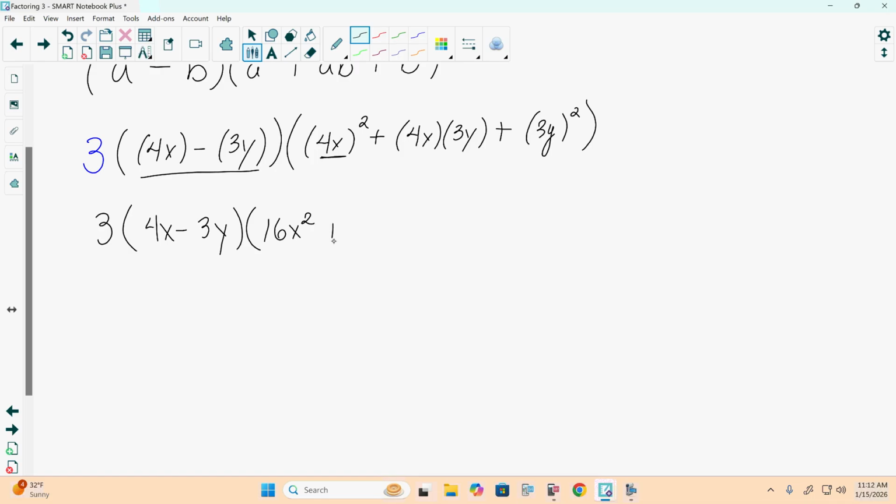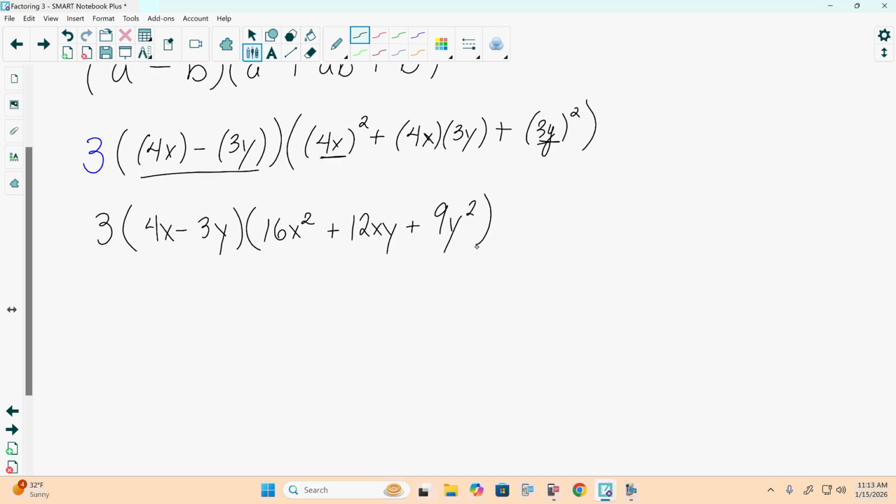Plus 4x times 3y, well the 4 times 3 is 12, x times y is xy. Plus, our last term is our 3y squared. We do have to square both the 3 and the y. 3 squared is 9, and y squared is, well, y squared.